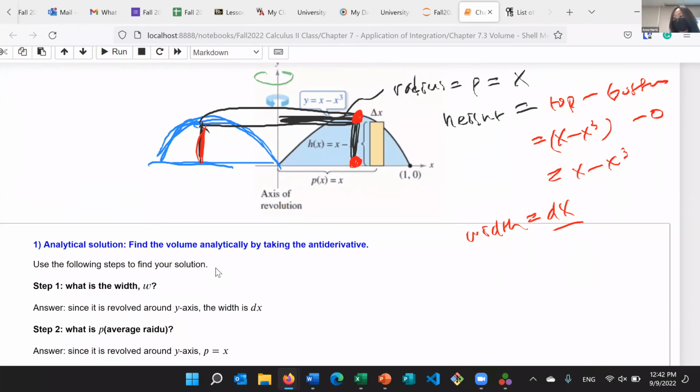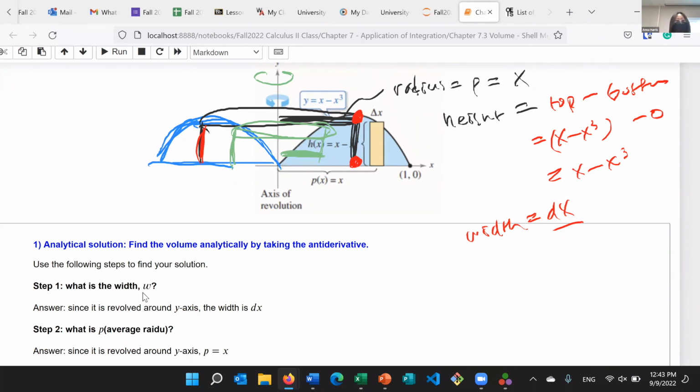Your distance depends on where you draw your cylinder. If I draw my cylinder here, the smaller one, where's my average radius? It's whatever the x value. Whatever the x value is, that's my radius.